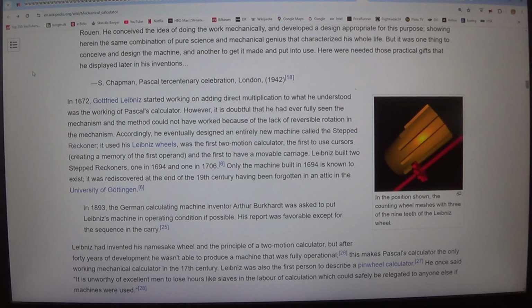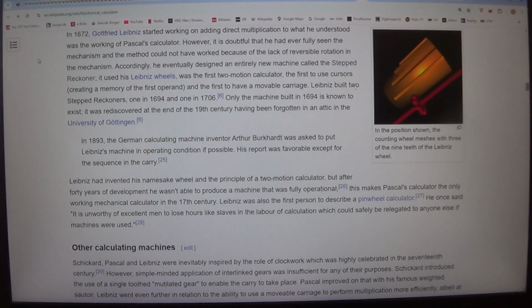But it was one thing to conceive and design the machine, and another to get it made and put into use. Here were needed those practical gifts that he displayed later in his inventions. S. Chapman, Pascal Tercentenary Celebration, London, 1942.